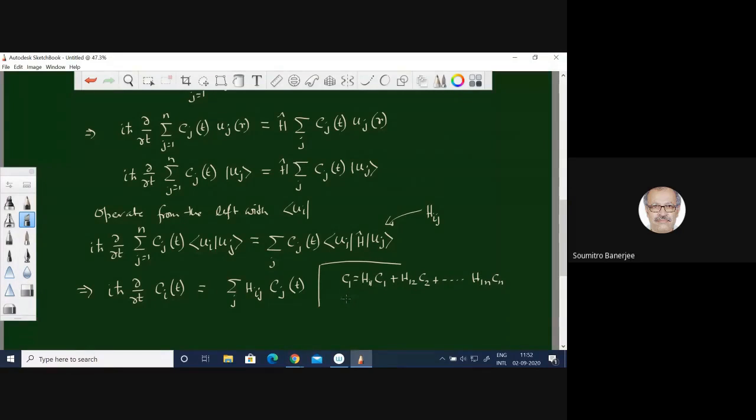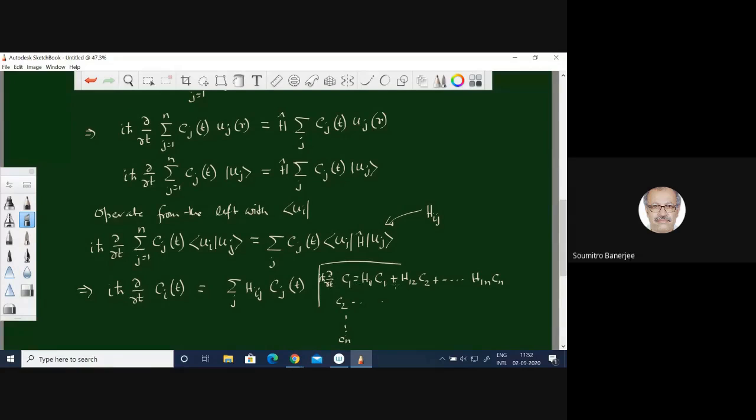And then C2 is similar. So you see this becomes i h cross del del t of C1.